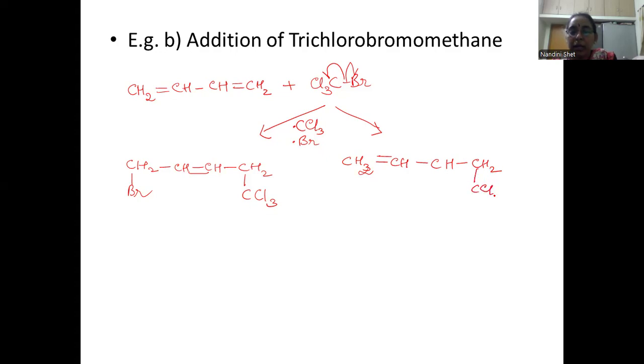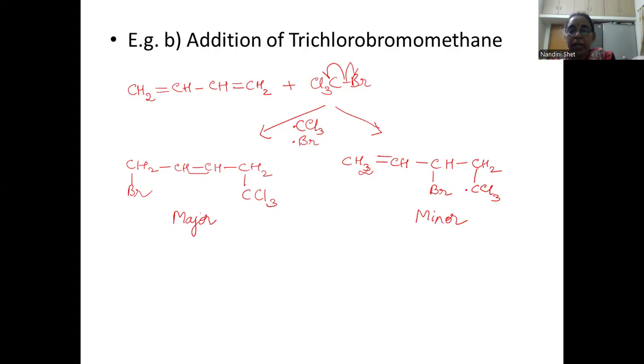CCl3 has attacked first, so it will be like this, and bromine is attached here. So this is the second product. This is the major product. This is the minor product.